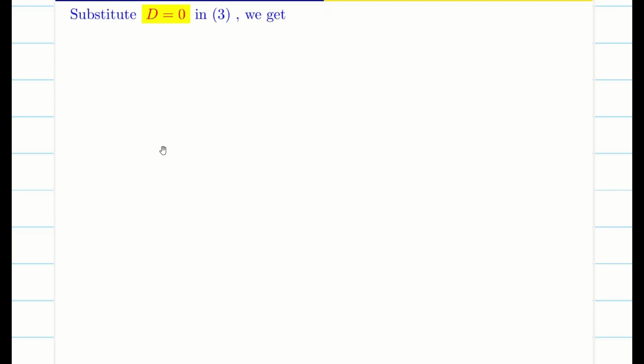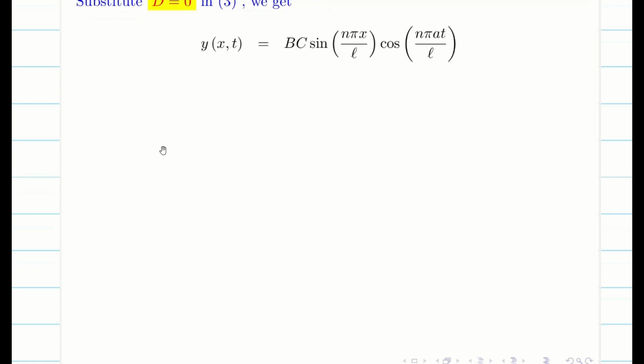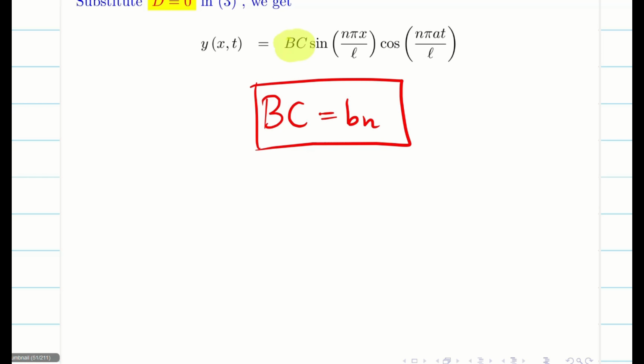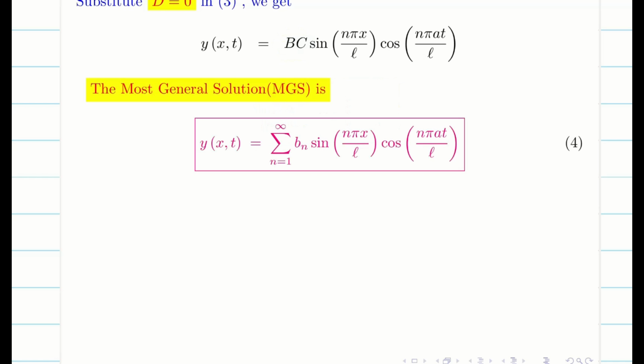Now substitute D equal to 0 in 3. We will be getting y of x comma t is equal to BC sin n pi x by L cos n pi at by L. We are going to consider BC directly as Bn, and always equation 4 is the most general solution, where Bn is equal to capital BC.